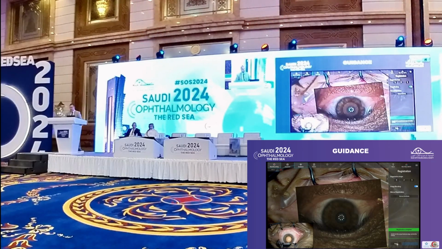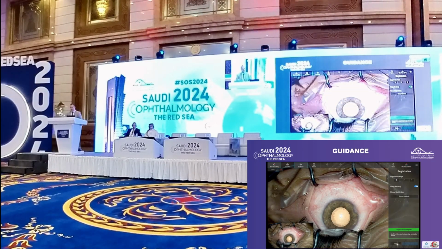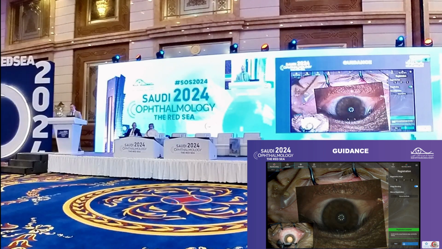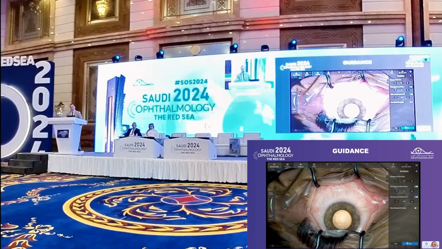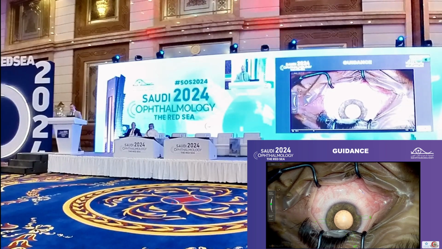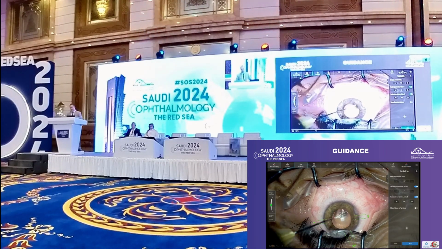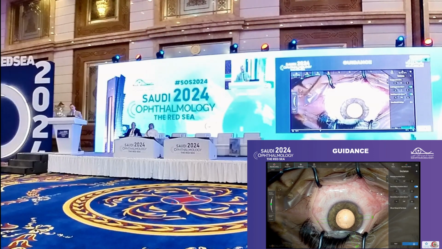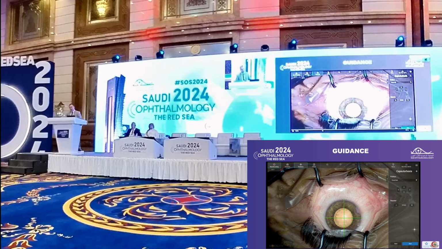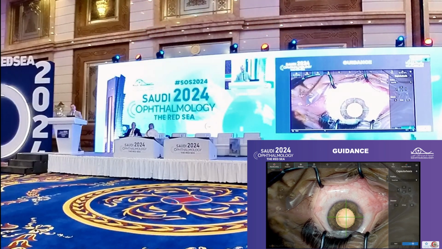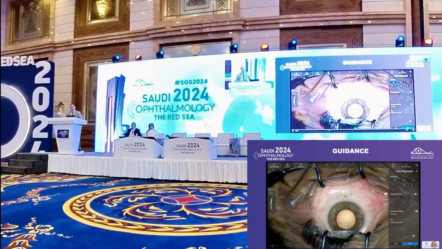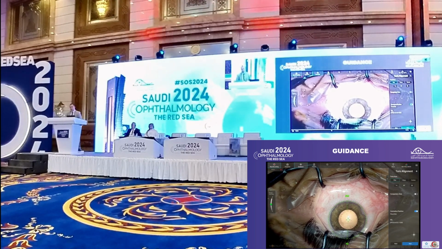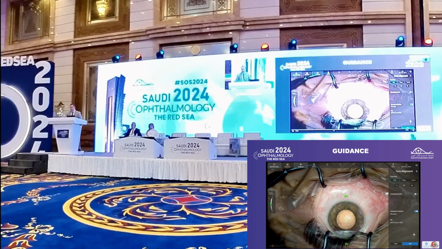The guidance is really important. We see an eye with cyclotorsion, which is perfectly caught by the system, and when we use the guidance directly incorporated in the Ingenuity, we might do a better job, because it's well proven that digital marking is way better than manual marking when we are talking about toric lenses.